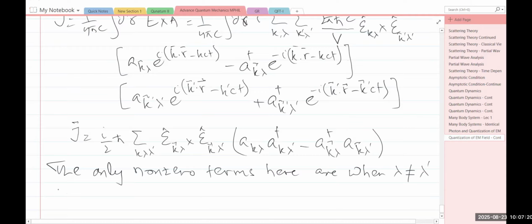And then a k lambda vector and a k lambda prime dagger commute.